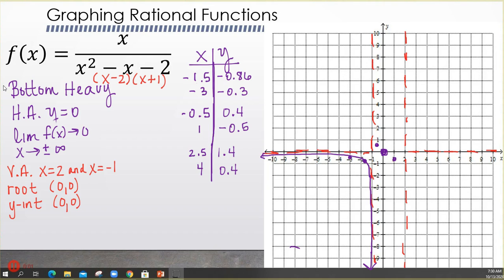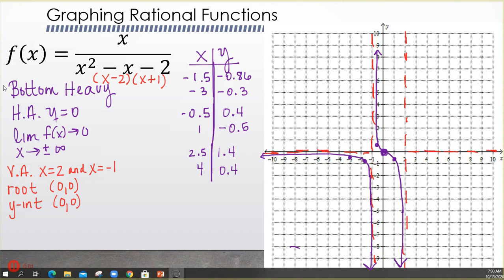So that tells me that it's increasing. It's going to go straight up, and then it decreases. It goes straight down. So it looks like a cubic, but it's not a cubic.